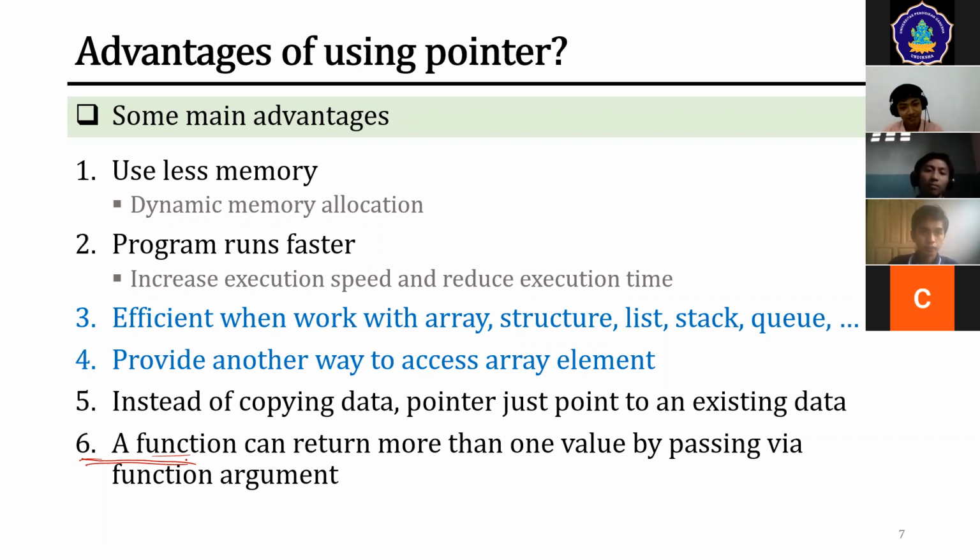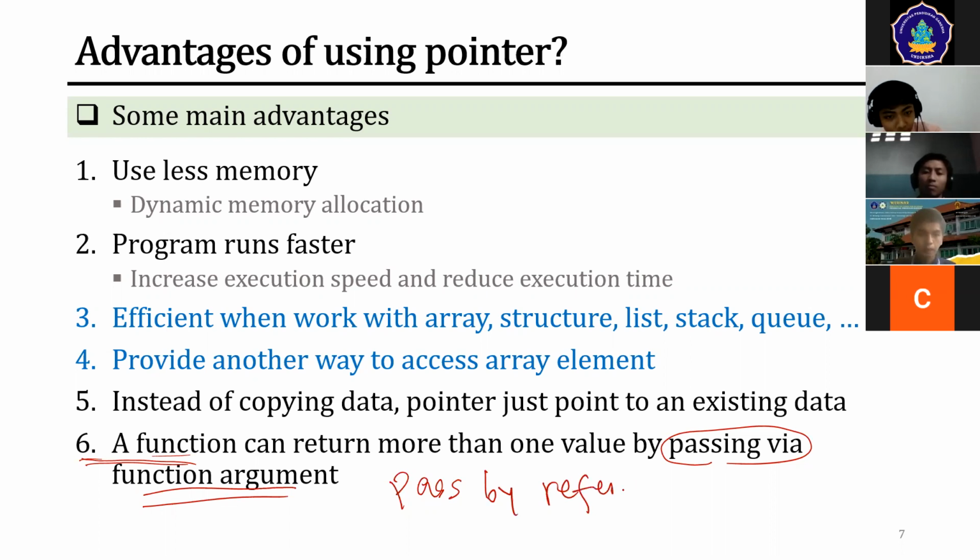But if you use a pointer, you can return more than one variable from the function. This is done by passing the parameters of the function as references. We call it pass by reference. Pass by reference allows us to access the memory location directly, and when we want to modify some value, it is possible to do that directly on the memory address.